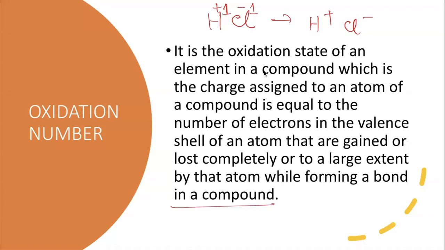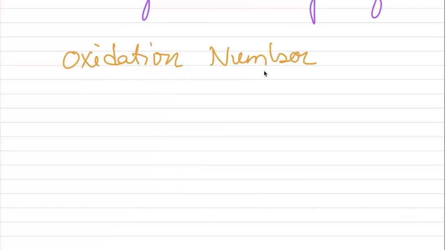Suppose if we consider one more example like NaCl, Na is present as Na plus and Cl minus. So its oxidation number will be +1 and -1, like this.